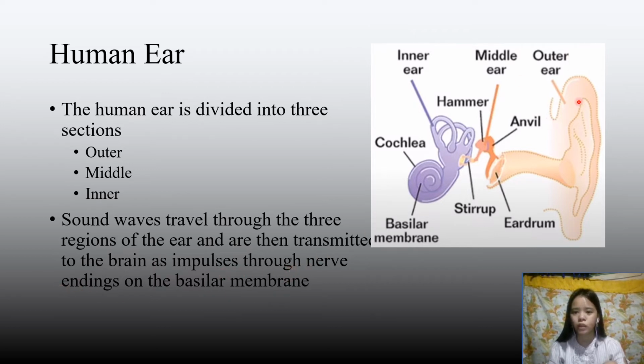First, the sound goes to the outer ear, and in this thin layer is the eardrum, which starts to vibrate when a sound wave comes. It vibrates the hammer and anvil until it reaches the basilar membrane. After the basilar membrane, it is transferred directly to the brain through the auditory nerve.